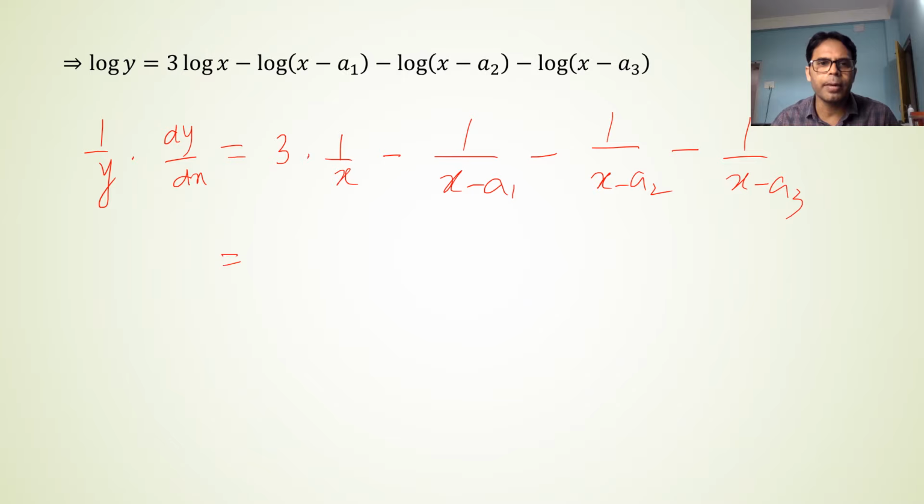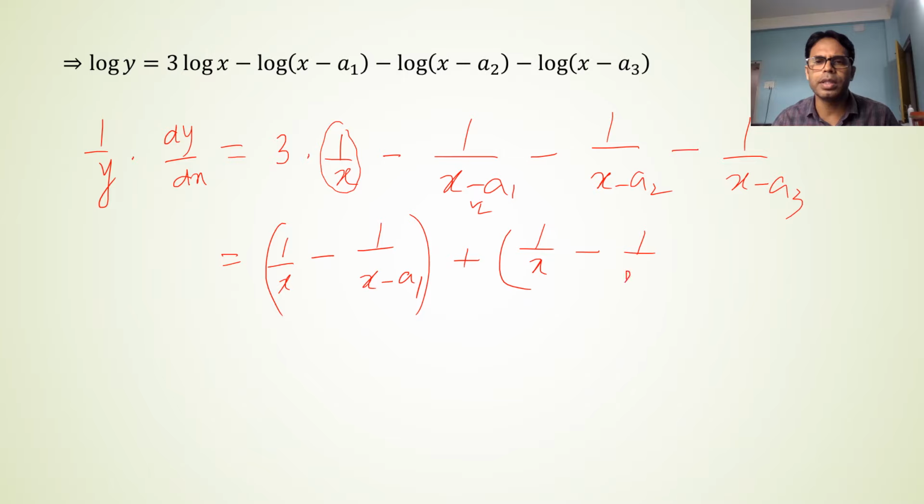Then you have a simple thing, but a special way to calculate this. You see here there are 3 times 1 by x. So I am writing one of the 1 by x with the first factor, with the first term x minus a1. Got my point? Actually there are 3 times 1 by x. So one of the 1 by x is written with the first one, then the second 1 by x is written with the second term, that is x minus a2, and the third 1 by x is taken with the third term x minus a3.